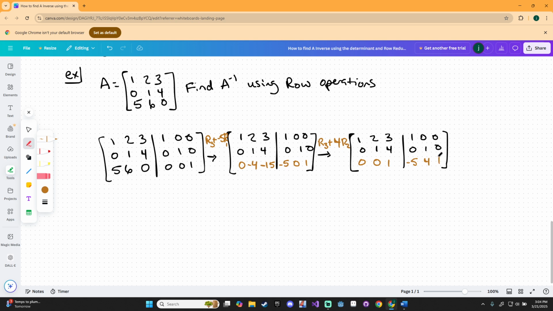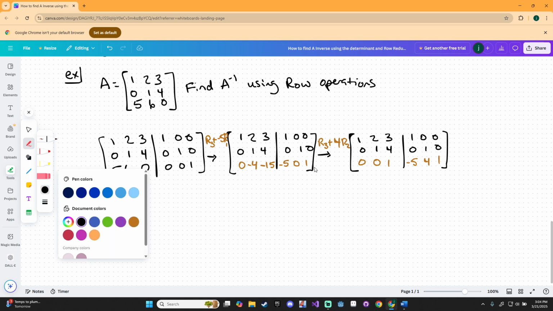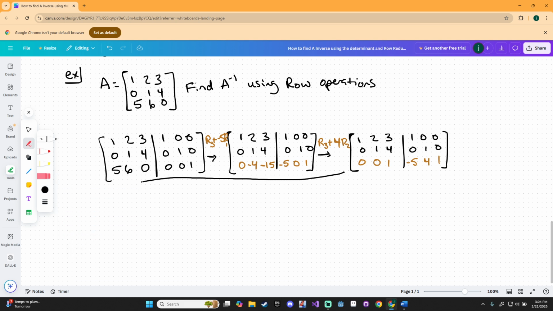And we'll keep this one a 1. Let's bring it down to this side. So now we have 1, 1, 1. Now we just need to get rid of this 4. We're going to get rid of this 3 and this 2.